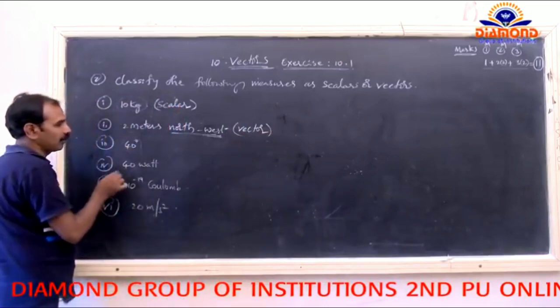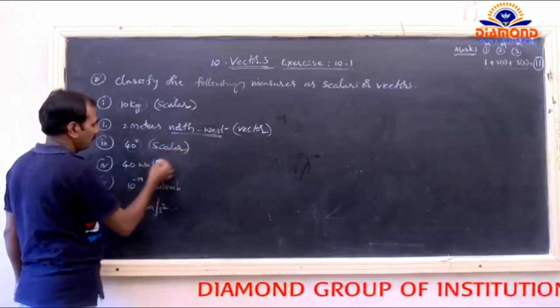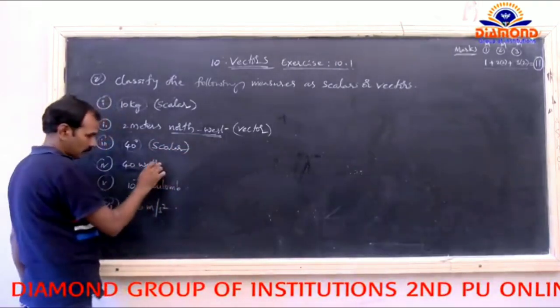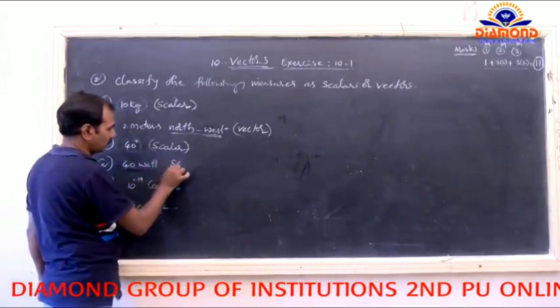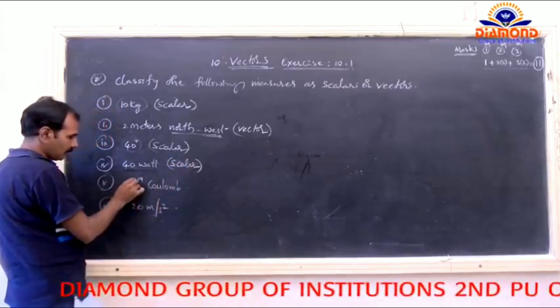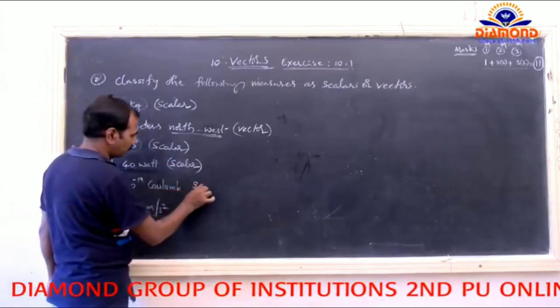40 degrees, it is temperature, it is also scalar. Next, 40 watts, it is power, scalar. Next, 10 to the power of 19 coulomb, it is also scalar.